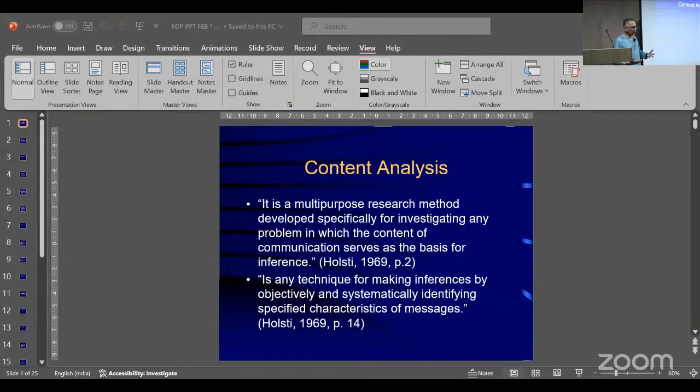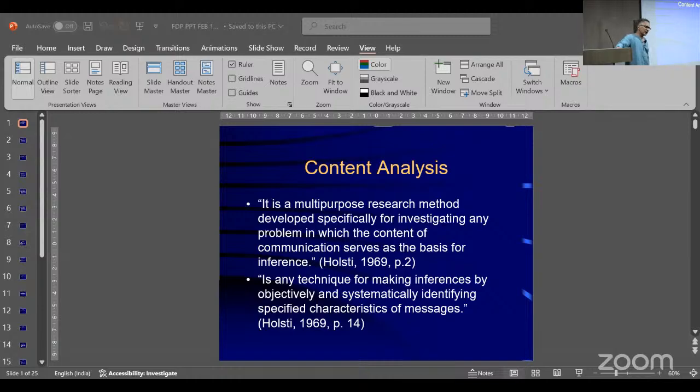In many disciplines, it has given rise to very healthy research in qualitative methods, and that is the qualitative content analysis. They may not call it content analysis. You have different kinds: document analysis, thematic analysis, and they follow a different view. They're not interested in numbers.